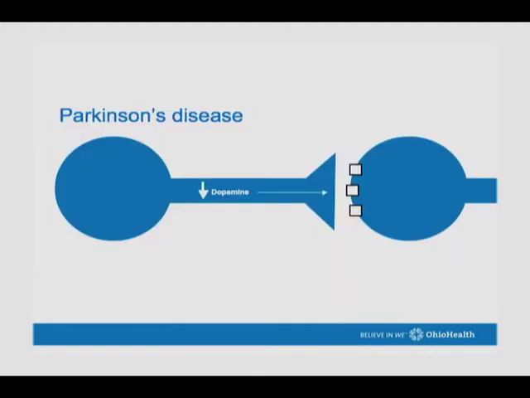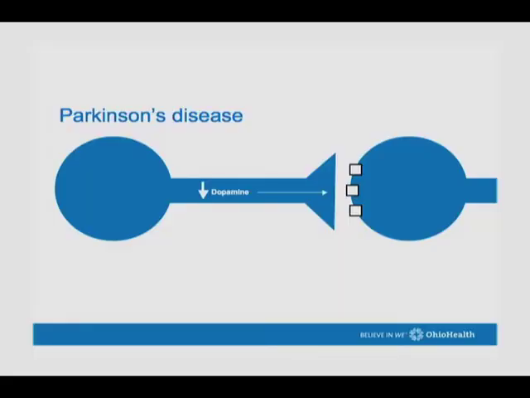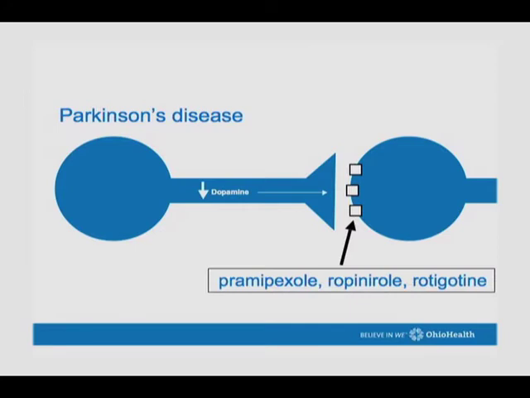So in Parkinson's disease, again, we're having some difficulty with dopamine signaling to the next cell. And so what we can do is we can use medications to try to beef up that signaling so that the tremor, the tightness of the muscles, the slowness of movement can calm down, to try to make this system work again. You've heard of pramipexole, ropinirole, rotigotine.